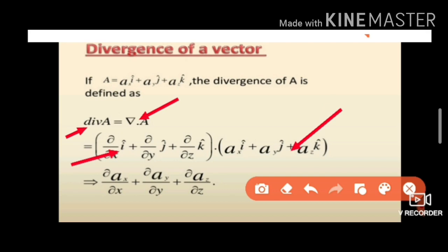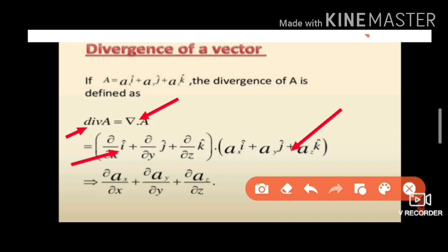Now take the dot product. How to take the dot product? We learned that in 11th standard. Take the product of i cap and i cap, j cap and j cap, and k cap and k cap, because i cap dot j cap, j cap dot k cap, k cap dot i cap, all these dot products are 0, except i cap dot i cap is equal to 1, j cap dot j cap is equal to 1 and k cap dot k cap is equal to 1. All other dot products are 0.